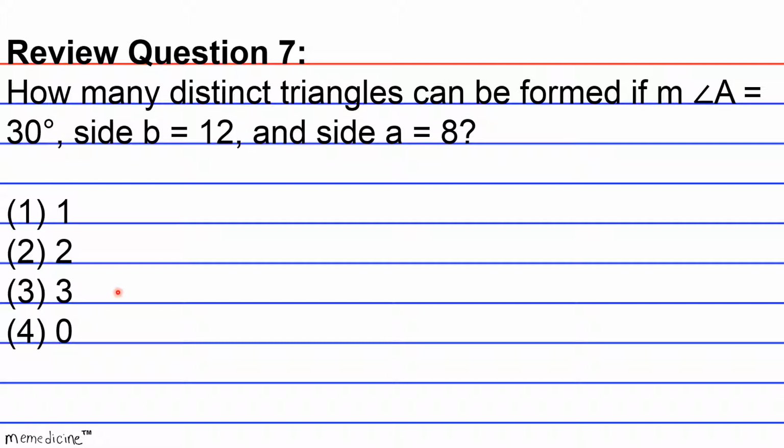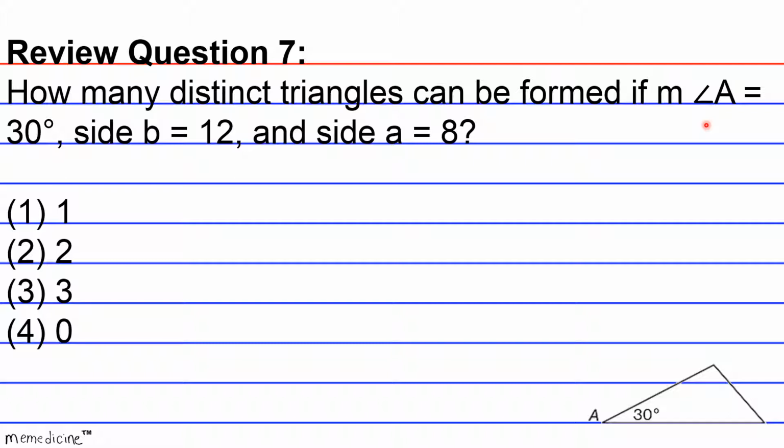Okay, so the first step that you're going to take is to draw a rough diagram, and you need not worry about scale or accuracy for this rough triangle. You can draw it any which way you want, but I'm just going to try to draw it in proportion to the information that we're given. So we know the measure of angle A is 30 degrees.